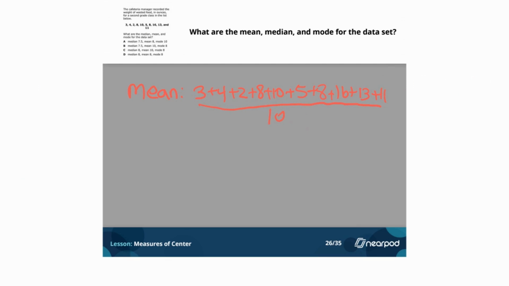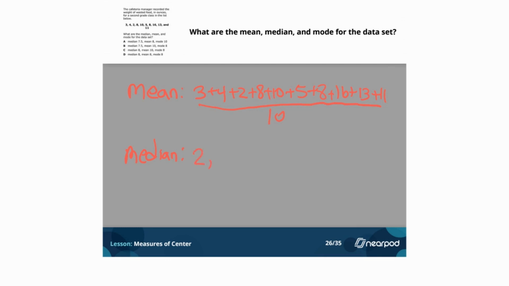Your median is going to be, remember, you're going to list them from least to greatest. Median is the middle number. So I'm going to base it on above. My smallest number is 2.